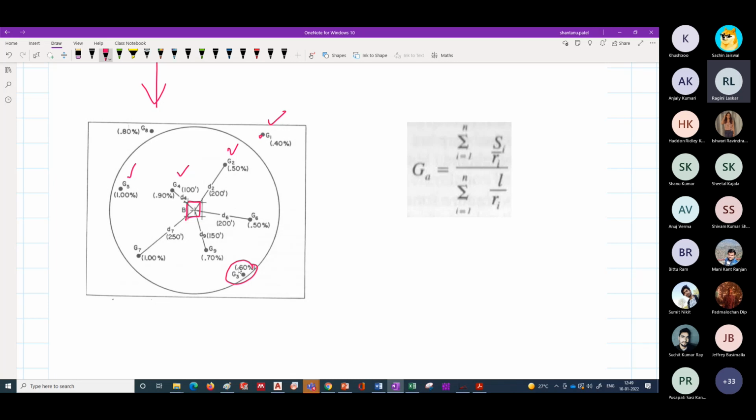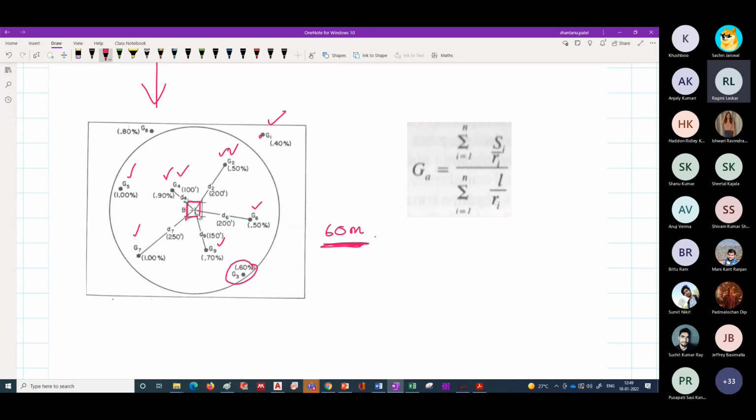So what we do here is define something called the radius of influence. We say that if the distance is more than 60 meters, I'm not going to take those borehole data. So these are the boreholes falling within that radius.